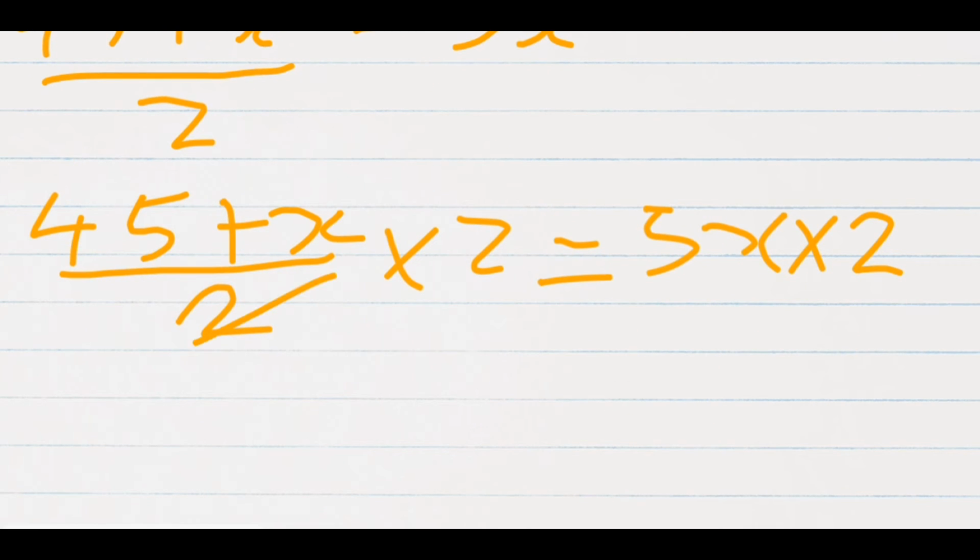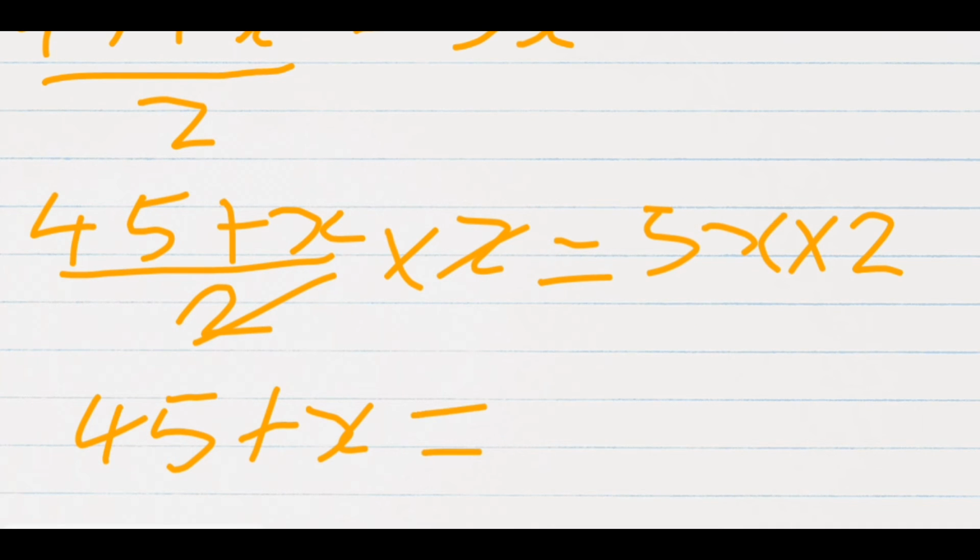This is going to cancel out this, and you'll be left with 45 plus x. Now 5x times 2 is going to give us 10x. So 45 plus x is equal to 10x.